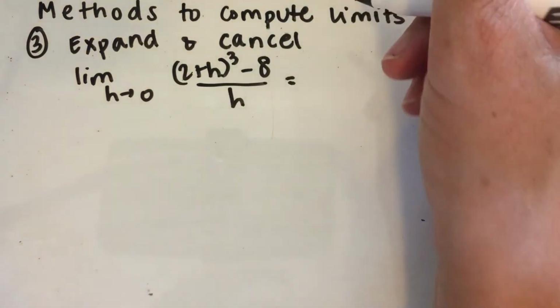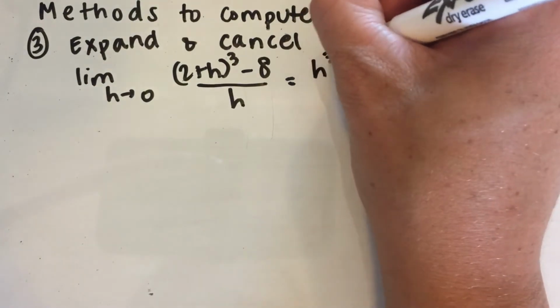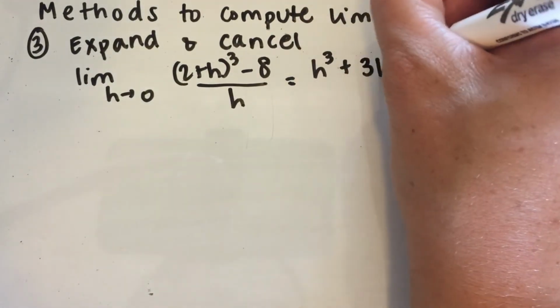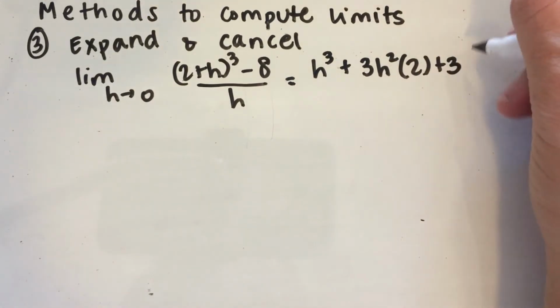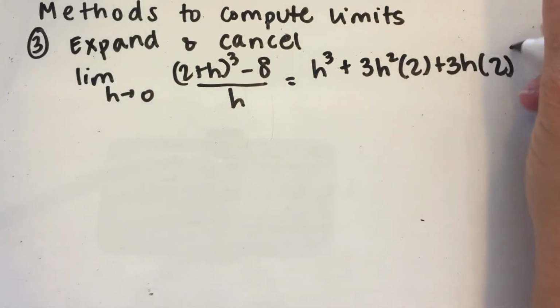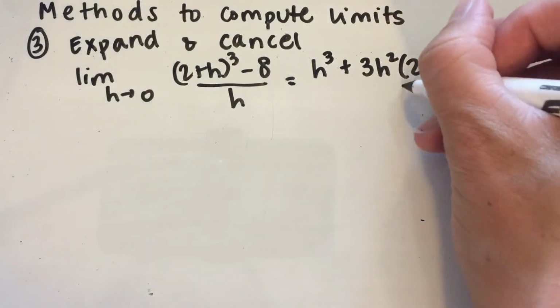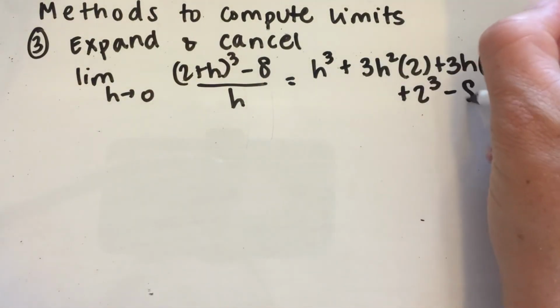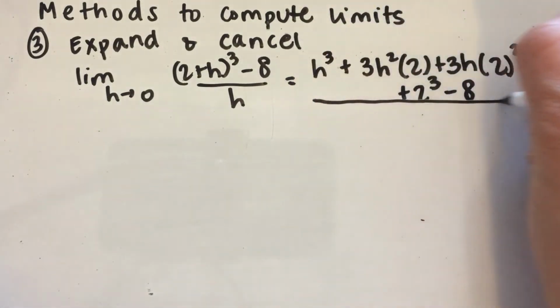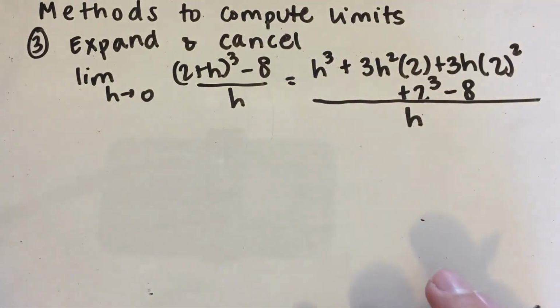So (2 plus h) cubed is h cubed plus 3h squared times 2 plus 3h times 2 squared plus 2 cubed, and then we're going to do minus 8, all divided by h.